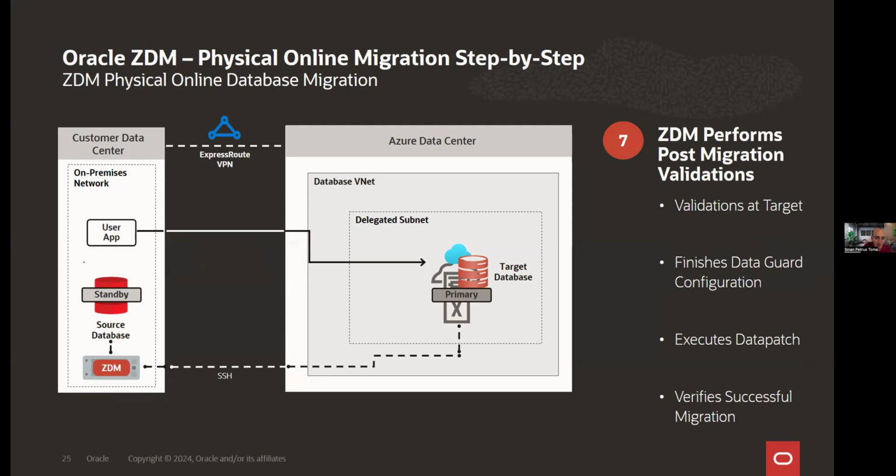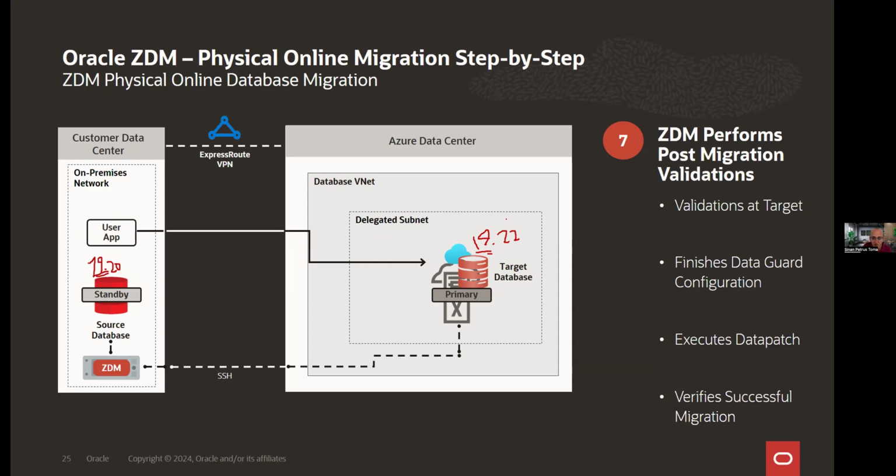So for example, if you are migrating, let's say, from version 19.20 and your target database is 19.22, the physical migration workflow requires the target database to be at the same major release version, so 19c. Both primary and standby, or source and target, need to be on 19c. However, your target database could be at a higher release update version.